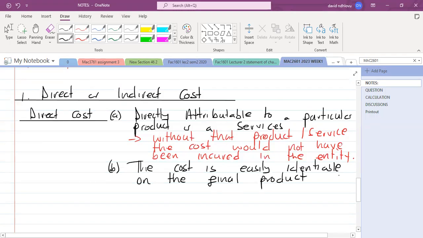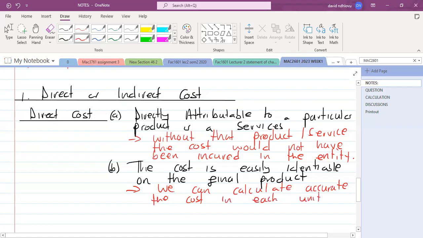When we say it is easily identifiable on the final product, we are saying we can accurately calculate the cost in each unit produced.